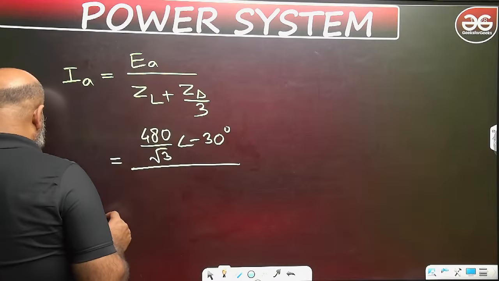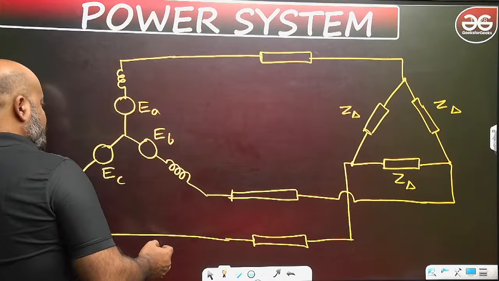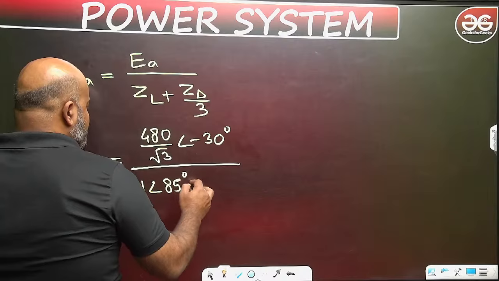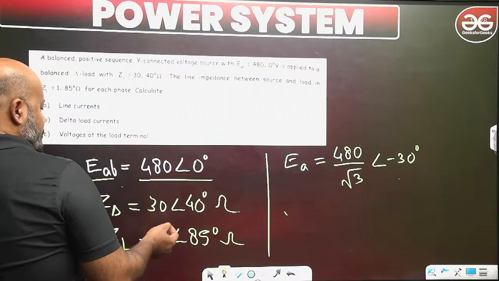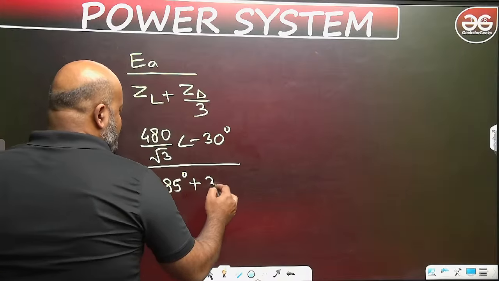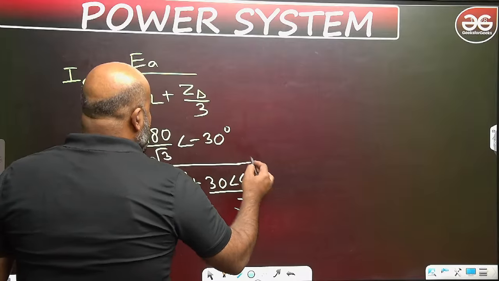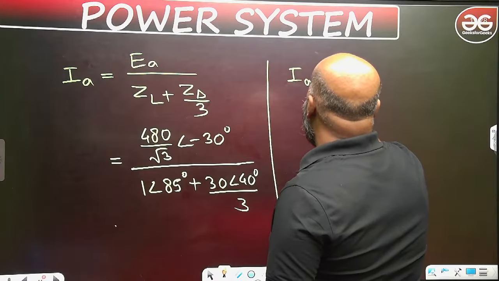What is ZL? ZL is 1 angle 85 degrees plus, I think Z delta is 30 angle 40, so it is 30 angle 40 degree divided by 3. You have to calculate IA. Just calculate it and tell me what is the value you are getting.